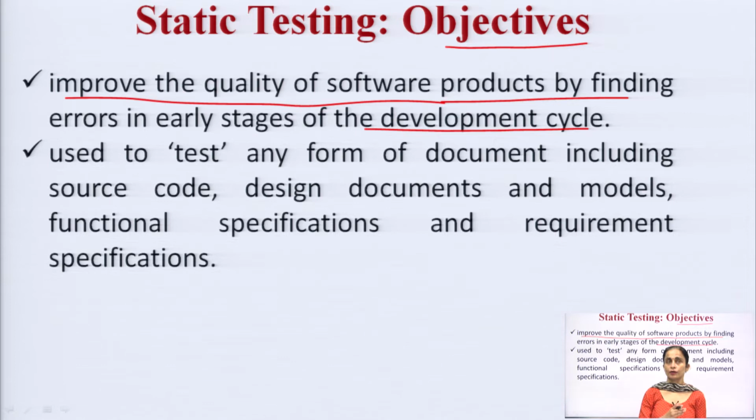Once it goes to the next level, it increases the cost. The testing team will increase the cost of the software if they find too many bugs. So, the objective is to increase the quality of the software in the earlier stages. We want a product that is error free.